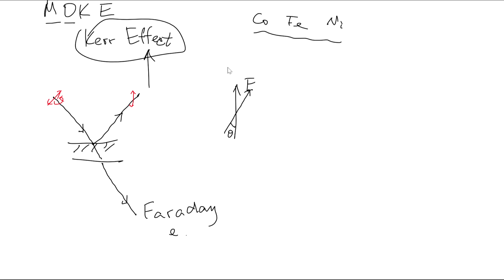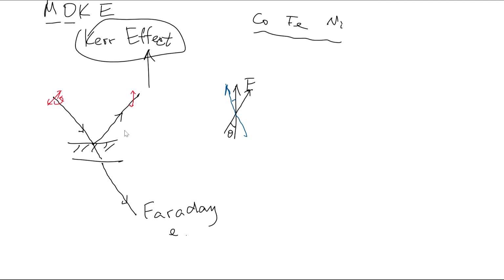If it's magnetized one way or another, the light rotates in different directions. Typically these rotation angles are very small, milliradians, but it's still possible to detect them. When you visited my laboratory last time, I showed you the actual optical setup that does that.